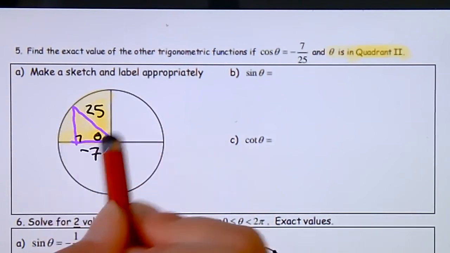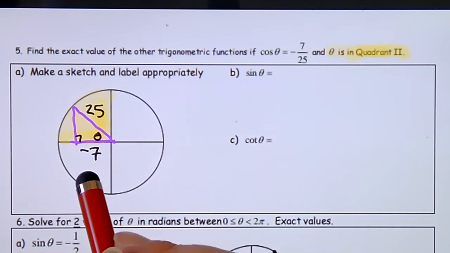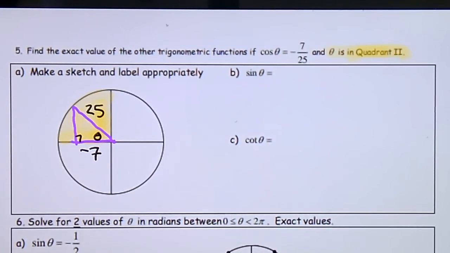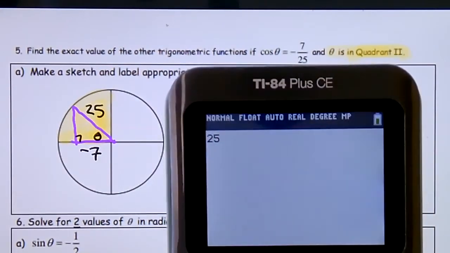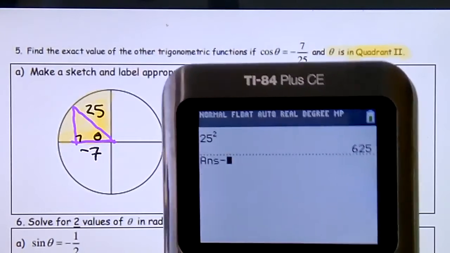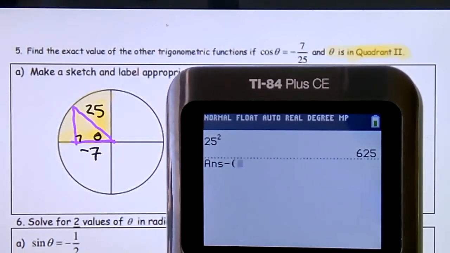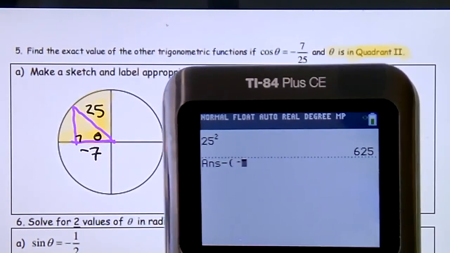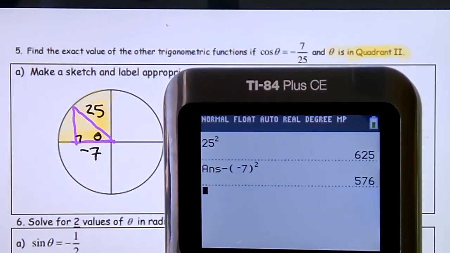Now, I'm going to do the Pythagorean theorem to work this out, and I'm just going to do it real quick in the calculator. My hypotenuse is 25, so I'm going to take 25 squared, which is 625, minus, and this is where you've got to be careful, 49 might be the easier way to do it, but if you're not going to do that, it's negative 7 squared, and I get 576.